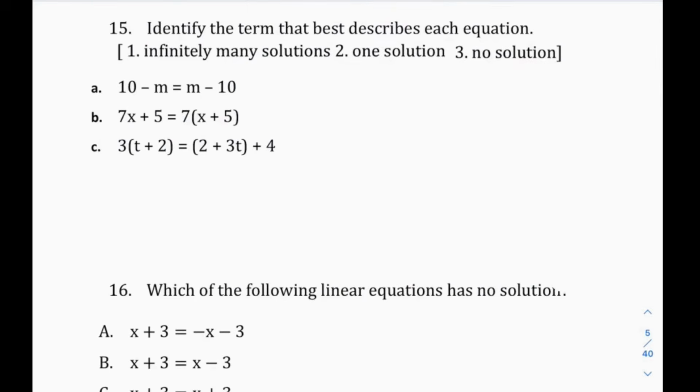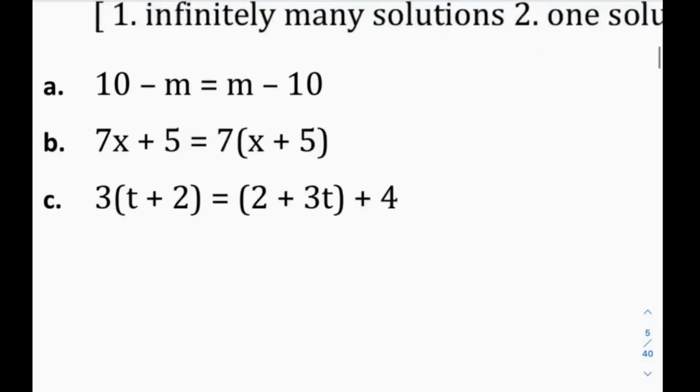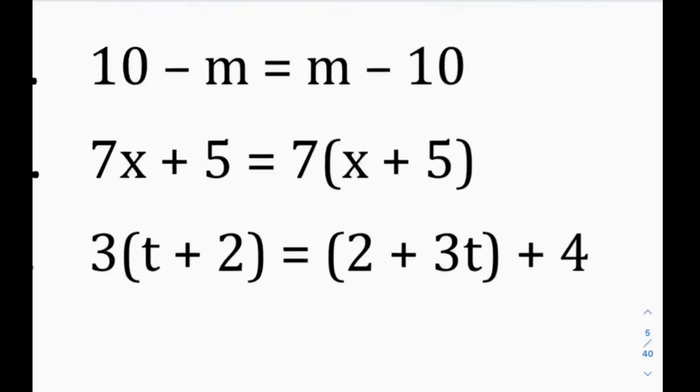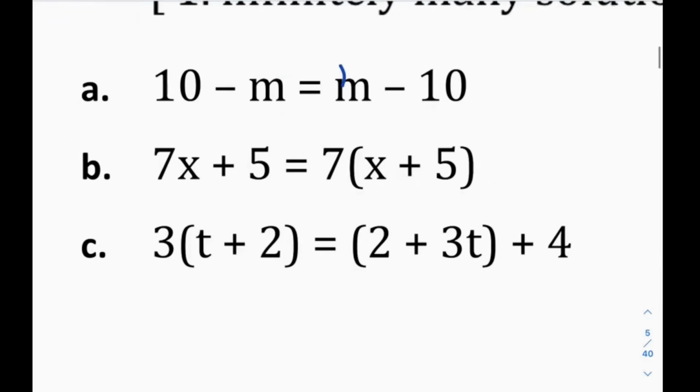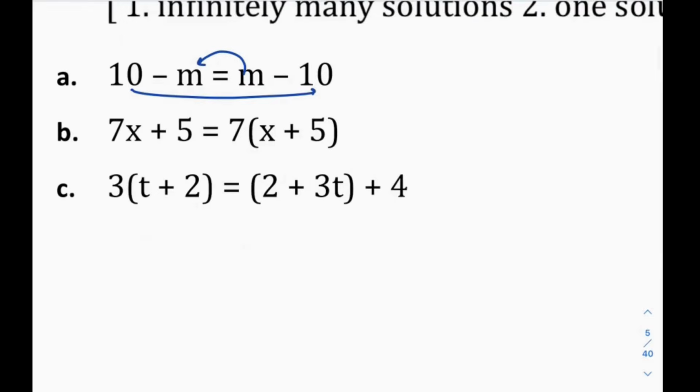Identify the term that best describes each equation. We have cases like infinitely many solutions, one solution, or no solution. So let's solve one by one to check. Here, the first equation, which is A, you will combine like terms as we have done a while ago. So negative m will go down, take the other m, equals negative 10, and another time 10 will go there.